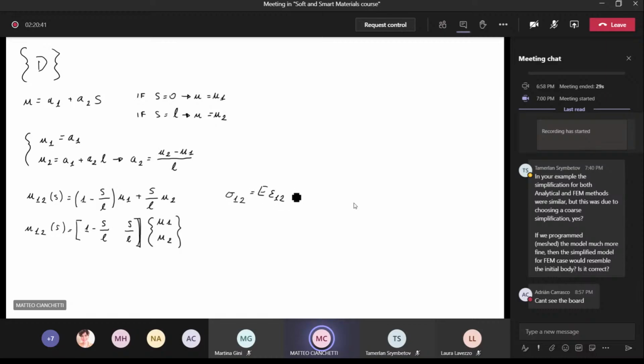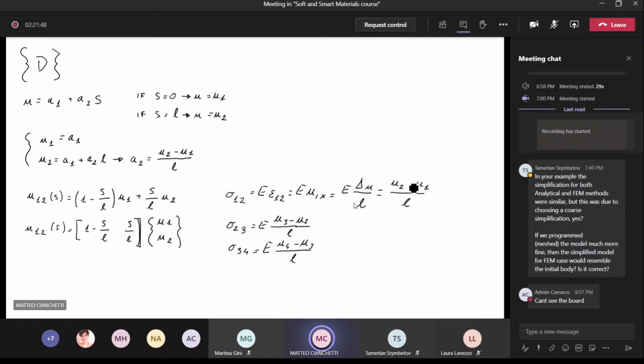We have the elastic modulus and the strain, and by differentiating the displacement we have E times delta u over delta x, which is equal to E times u2 minus u1 over L. The same for sigma 2-3 and sigma 3-4, where you have E times u3 minus u2, and E times u4 minus u3, over L.